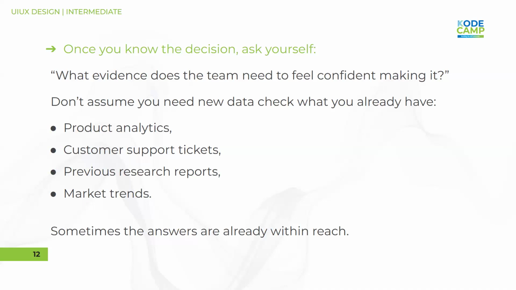Sometimes the answers are already within reach. So before you rush to schedule interviews or surveys, pause and ask a simple question: what data do we already have that could help with this particular product?